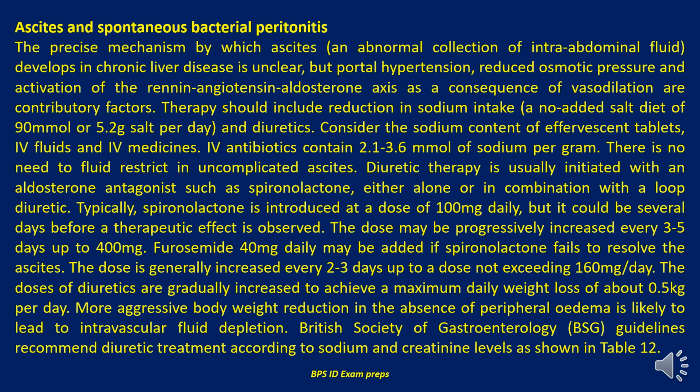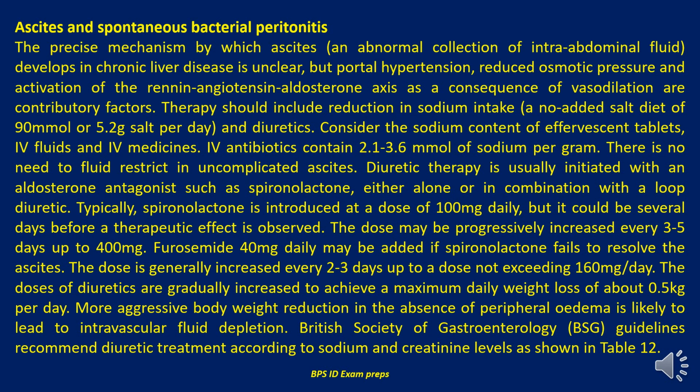Therapy should include reduction in sodium intake, that is a no-added salt diet of 90 millimoles or 5.2 grams salt per day, and diuretics. Consider the sodium content of effervescent tablets, IV fluids and IV medicines. IV antibiotics contain 2.1 to 3.6 millimoles of sodium per gram. There is no need to fluid restrict in uncomplicated ascites.